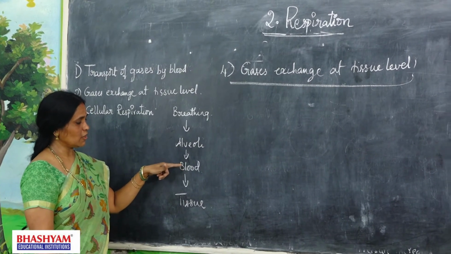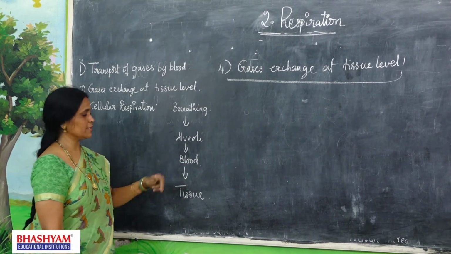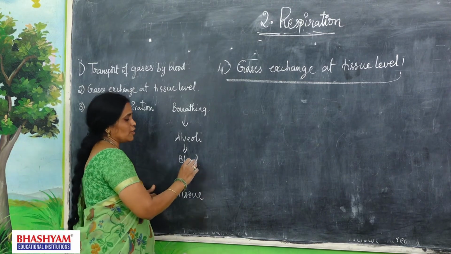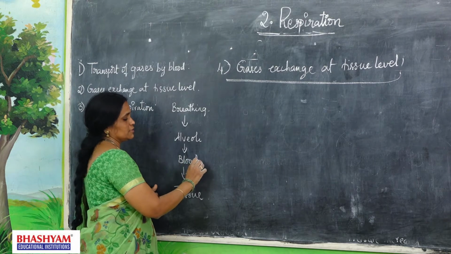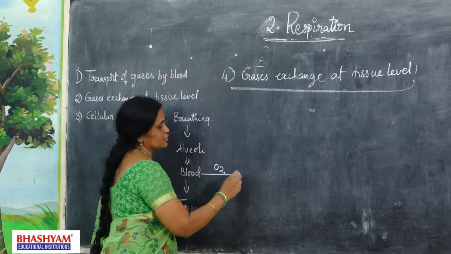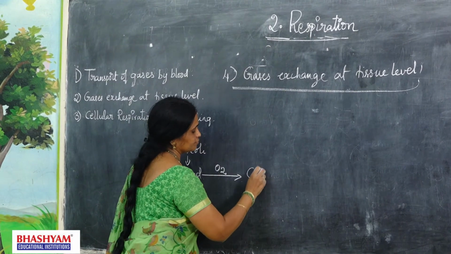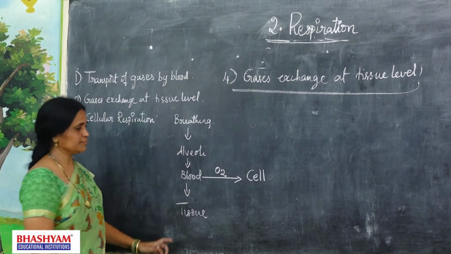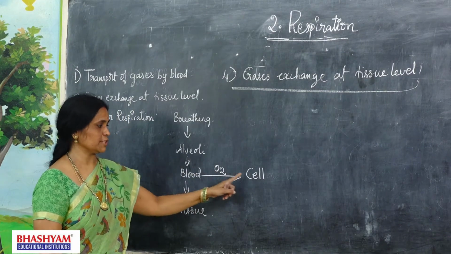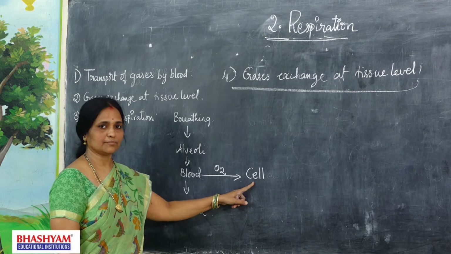In blood, oxygen combines with hemoglobin and results in the formation of oxyhemoglobin. So in the form of oxyhemoglobin, this blood supplies oxygen to each and every cell in our body.